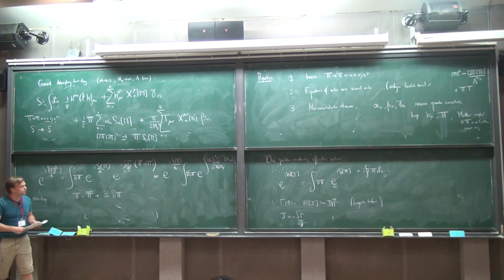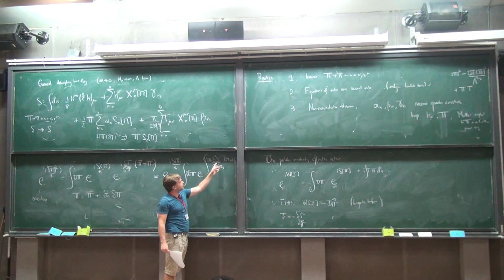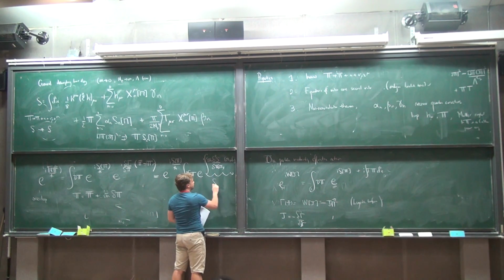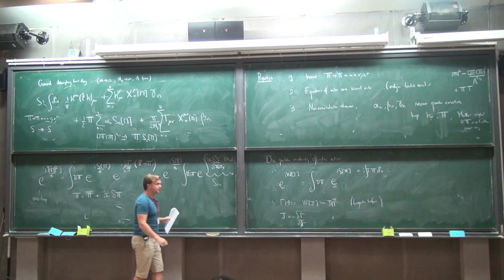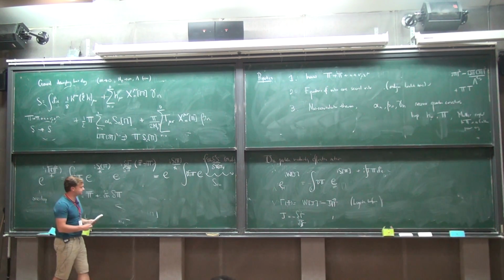Now the key point is that at one loop order, the only thing that matters is the double variation of the action with respect to the background pi. But this is nothing other than what I would call S2, the action expanded to quadratic order around this background.